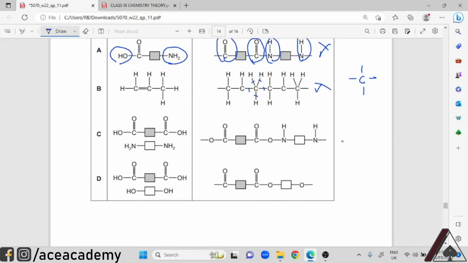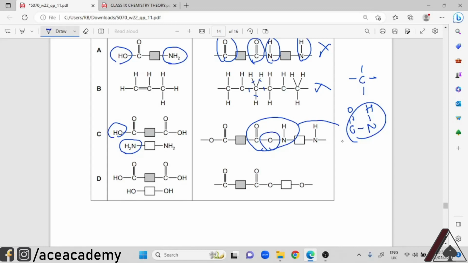Over here we can see that there are 2 monomers and it should form an amide linkage, because we have the OH group over here and we have the NH2 group over here. So it should form an amide linkage, but we can see that over here it did not get an amide linkage. It should have been something like this, but we have this oxygen in here which shouldn't be in.